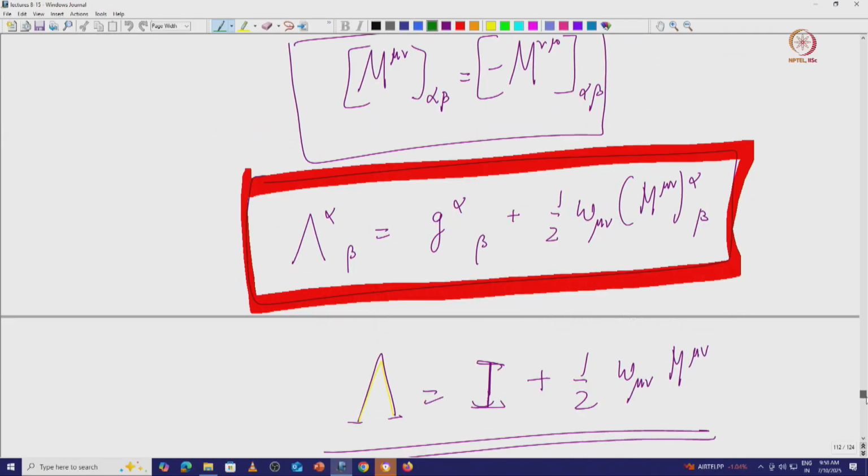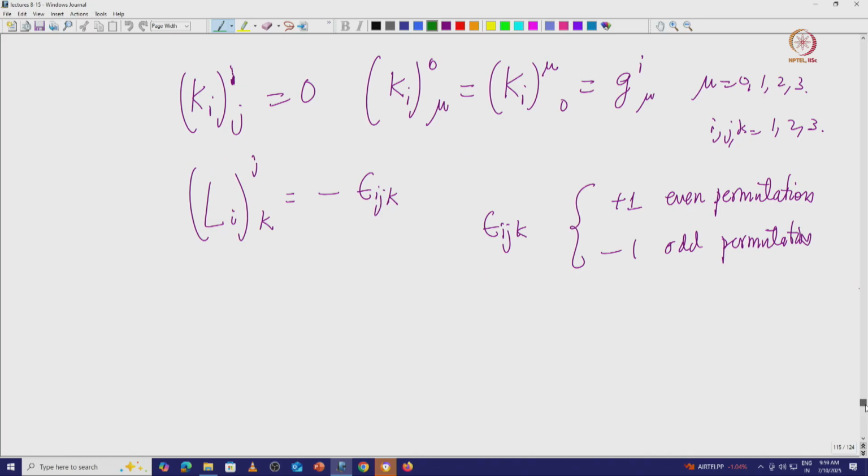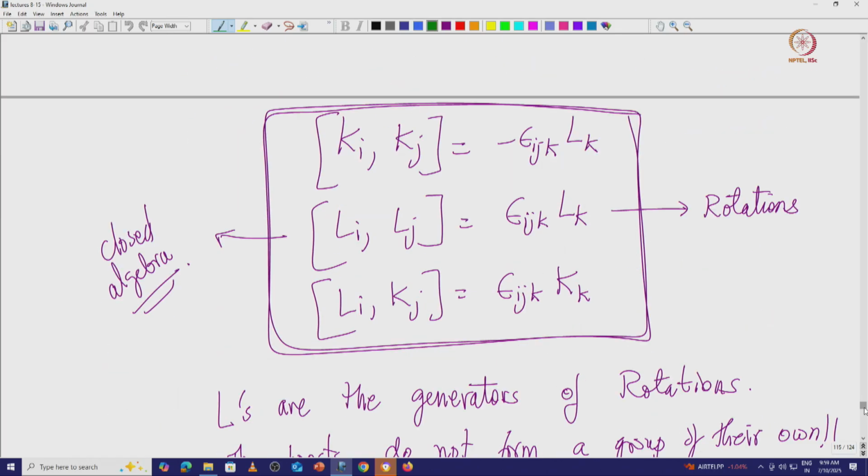In the last class we looked at how a scalar transforms, how a vector transforms, and so on. At the end of the last lecture, what I mentioned was the algebra of the Lorentz group.